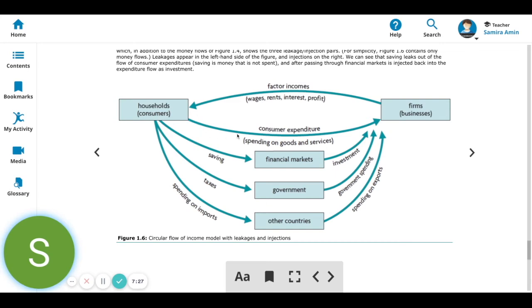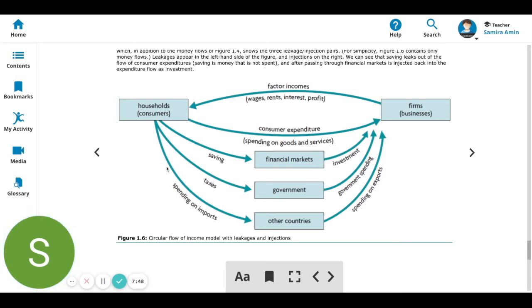If they're spending, it's going into the economy, right? Because it is generating demand in terms of demanding goods and services. If they're saving, they're not really spending it, so that saving is a leakage, but that money is being used for investment, so that is an injection.